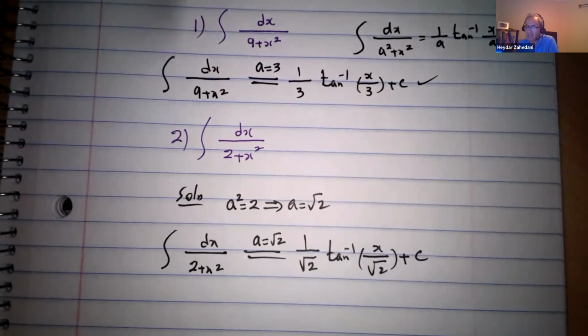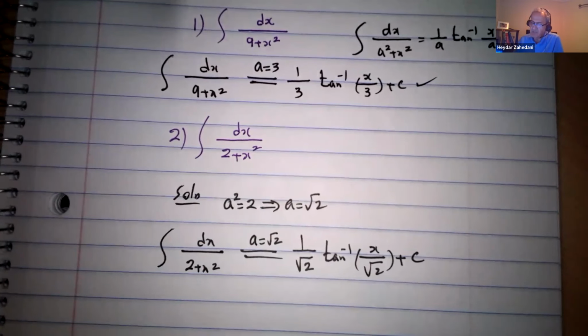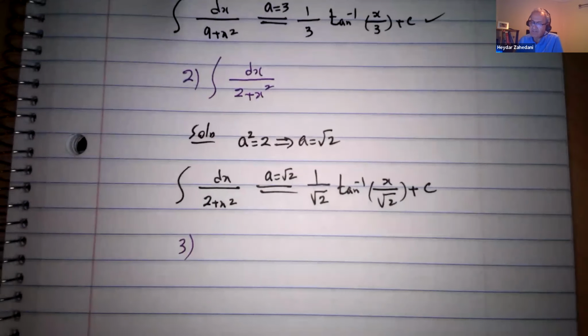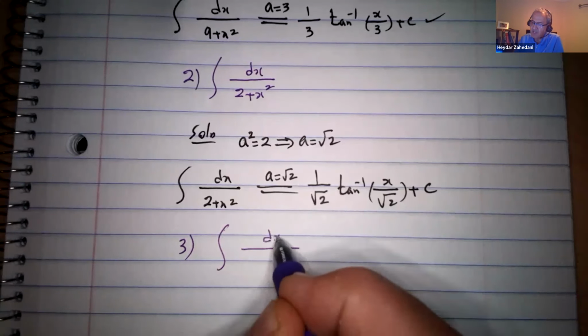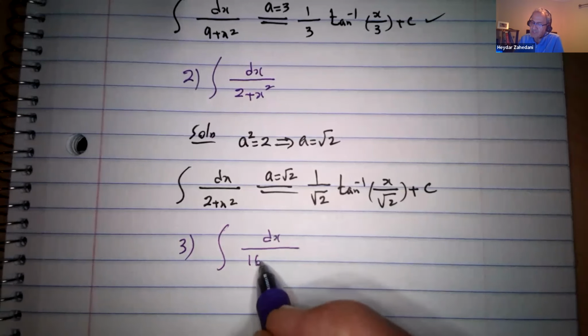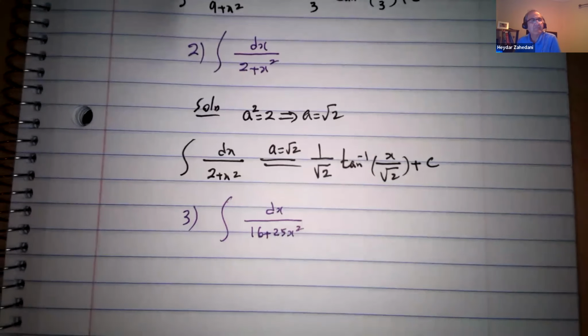No substitution is needed because that's x squared. Now, if this is not going to be x squared, you have a little bit more job to do. So if you have something like dx over 16 plus 25x squared, you see, this is a squared plus, but it's not a squared plus x squared.